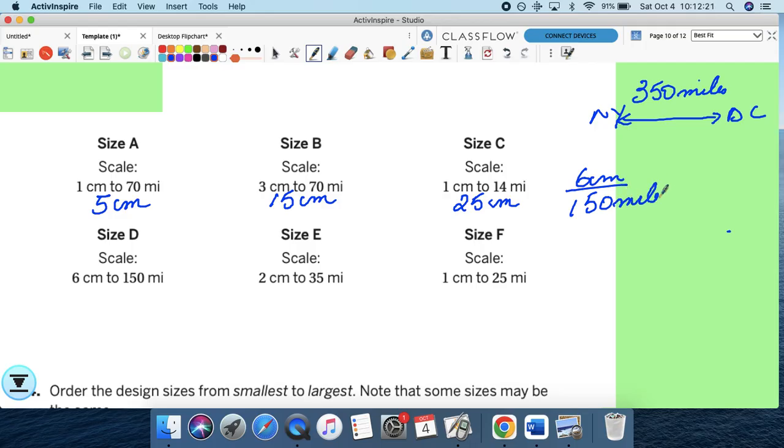Now I'm going to simplify this one before I even start. If I simplify this to an equivalent ratio, let's divide by 6. If I divide the top by 6, I get 1. Divide the bottom by 6, I get 25.